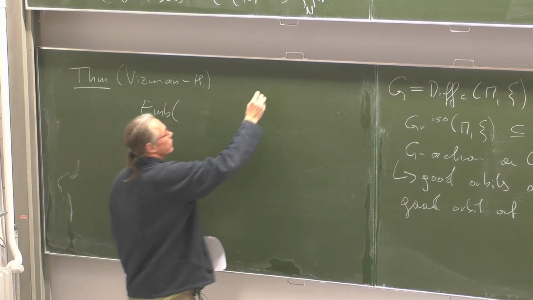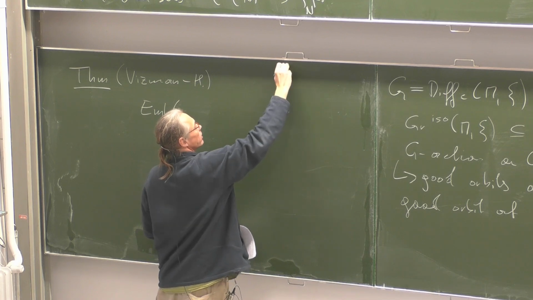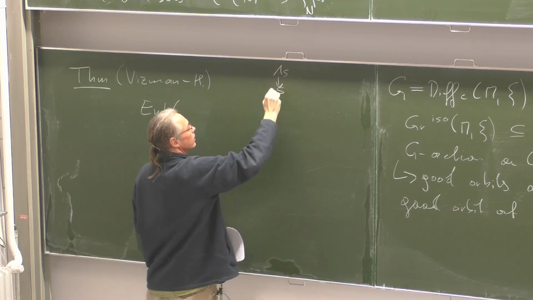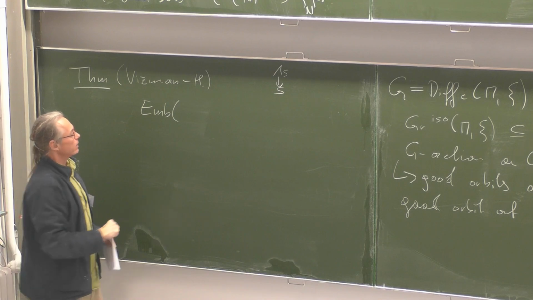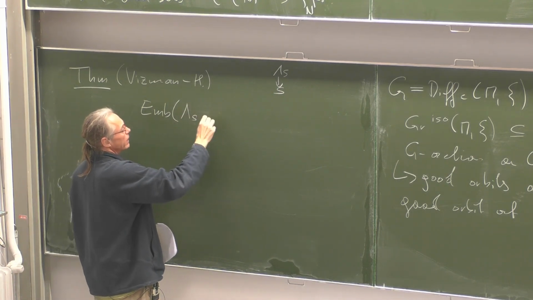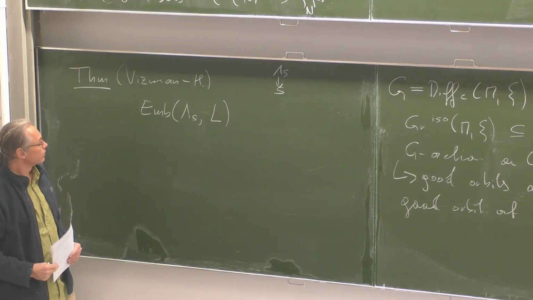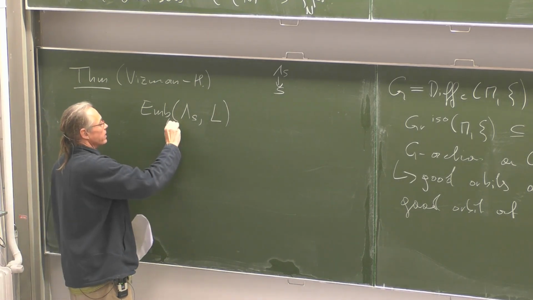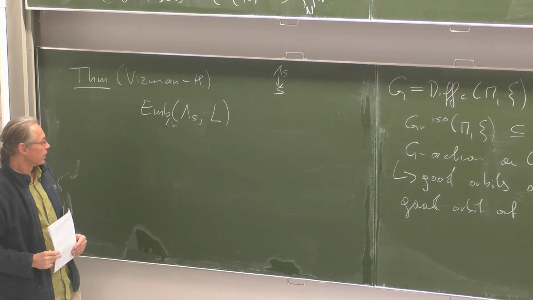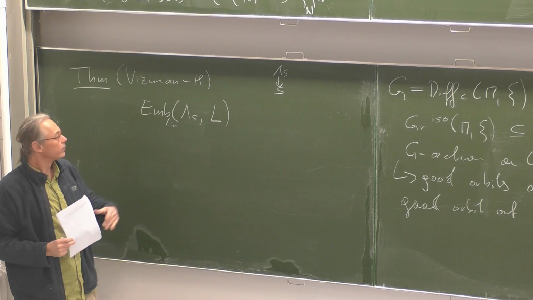Fix a closed manifold S like Cornelia had, and you look at the density bundles, the line bundle over S, and you look at embeddings from this line bundle into the line bundle L over the contact manifold. And you want fiberwise linear embeddings. So this is some space that sits over the embeddings from S into M.